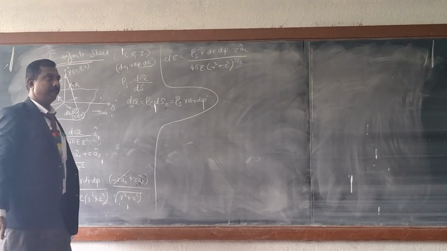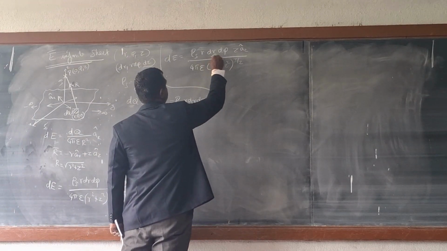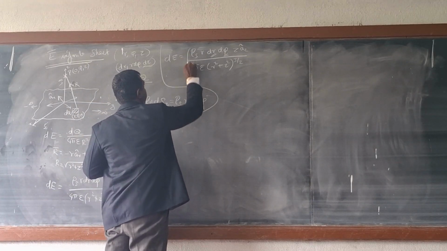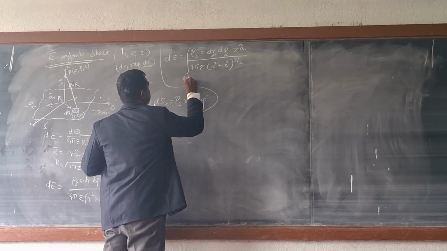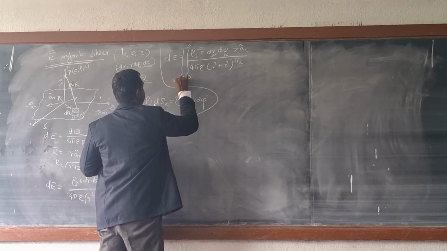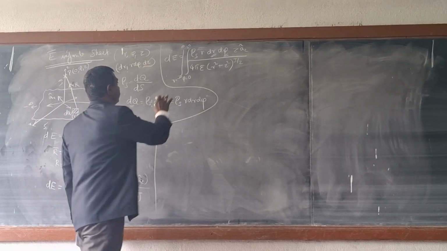Right? Here, what are the variables present? There are two variables, right? One is R, another one is phi. And the limit for phi is 0 to 2 pi. What is the limit for R? R is from minus infinity to plus infinity? No, it is from 0 to infinity.